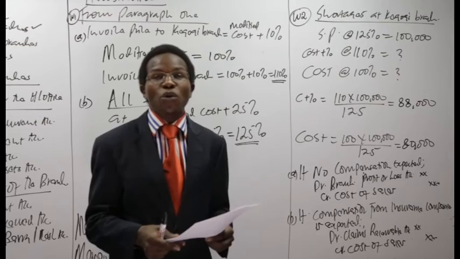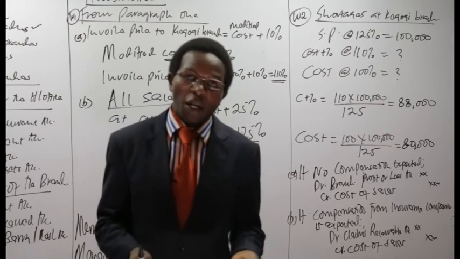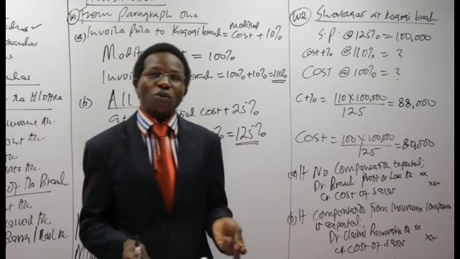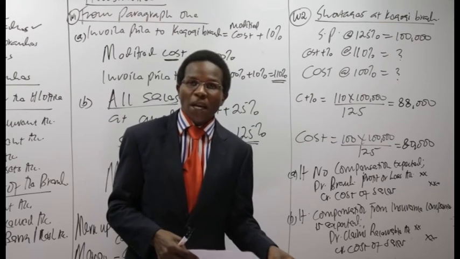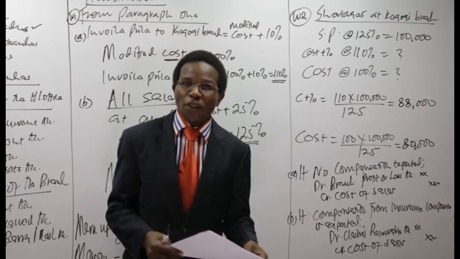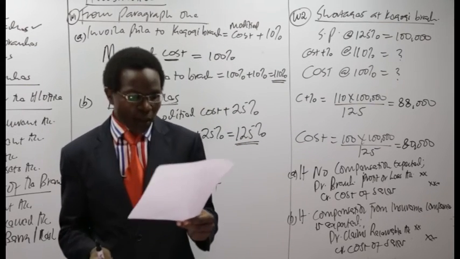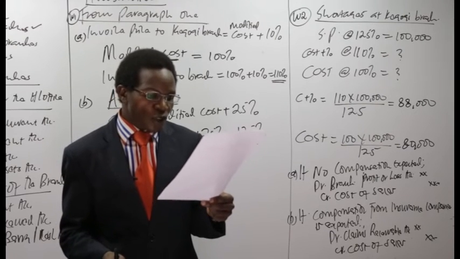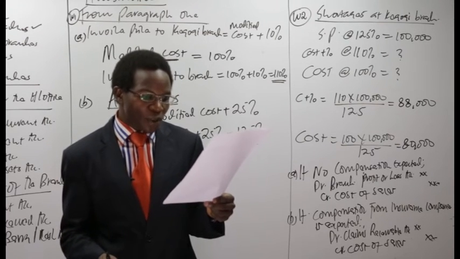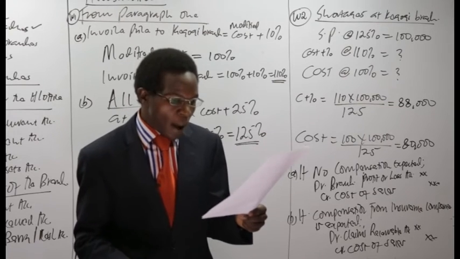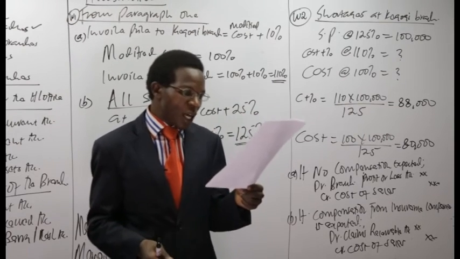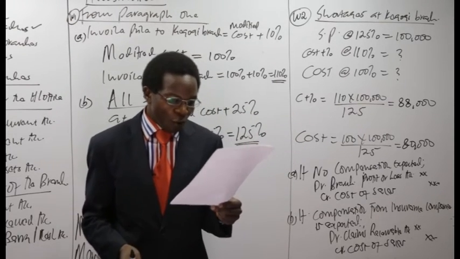So the unmodified goods will be adjusted from the goods available for sale, and the unmodified goods as well will be recognized as part of the current assets. Then number 4, there was no loss or wastage in the process of modification of stock by the head office. The branch handles only goods received from the head office.